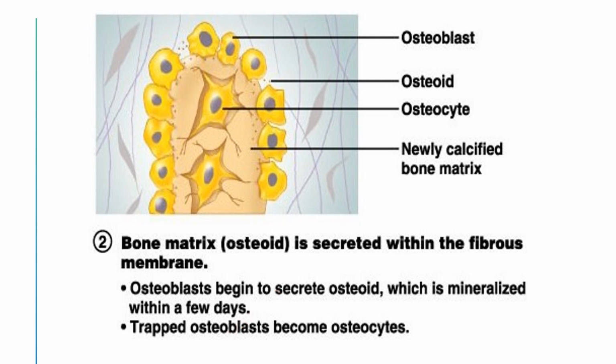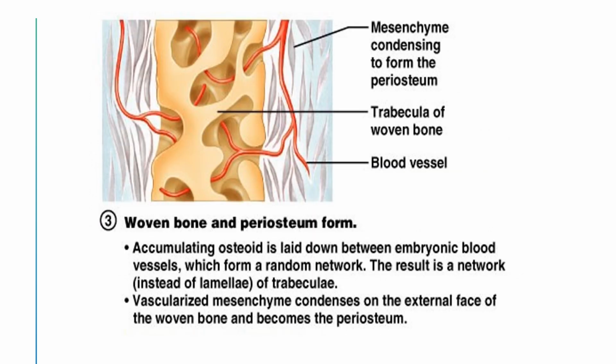Trapped osteoblasts become osteocytes. And then the woven bone and periosteum formation occurs. Accumulating osteoid is laid down between the embryonic blood vessels, which form a random network. The result is a network instead of lamellae of trabeculae. That is, the bone will be arranged in the form of thin plates of bone arranged in the form of a trabecula. And the vascularized mesenchyme condenses on the external face of the woven bone and becomes the periosteum.